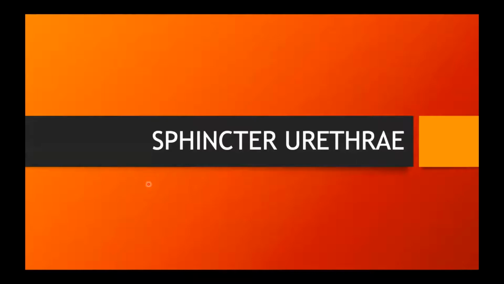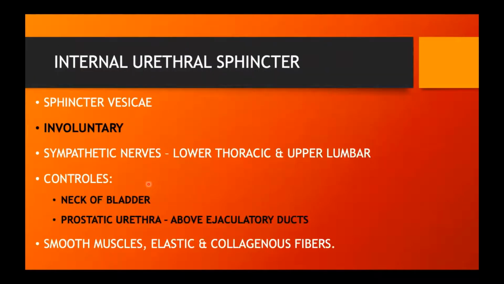Coming to the sphincter urethrae, first we'll see the internal urethral sphincter, also known as the sphincter vesicae. It is involuntary, completely under the control of the autonomic nervous system.